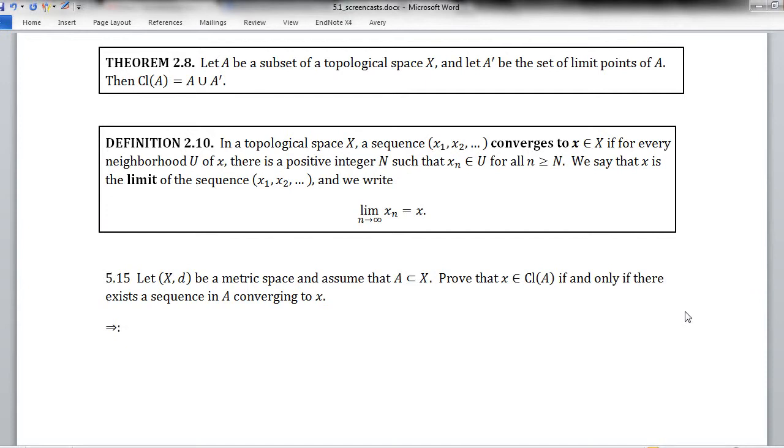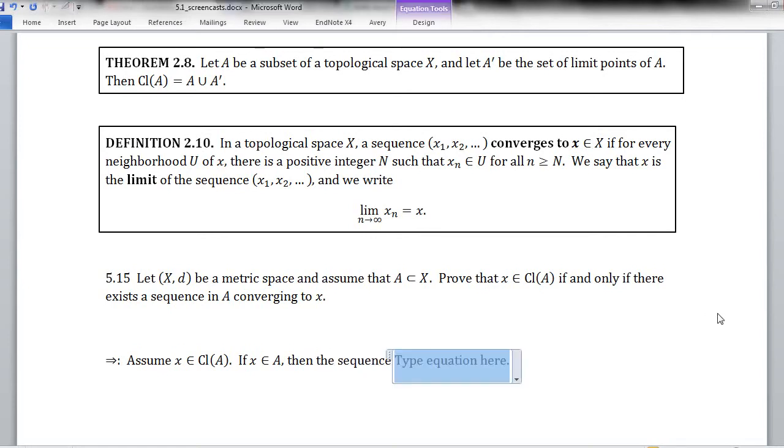So, all right, we are assuming that x is in the closure of A. Well, then that means either x is in A or it's a limit point of A. So first of all, if x is in A, then we're trying to find a sequence in A that converges to x, and we can pick a really boring one: x, x, x, and so on.